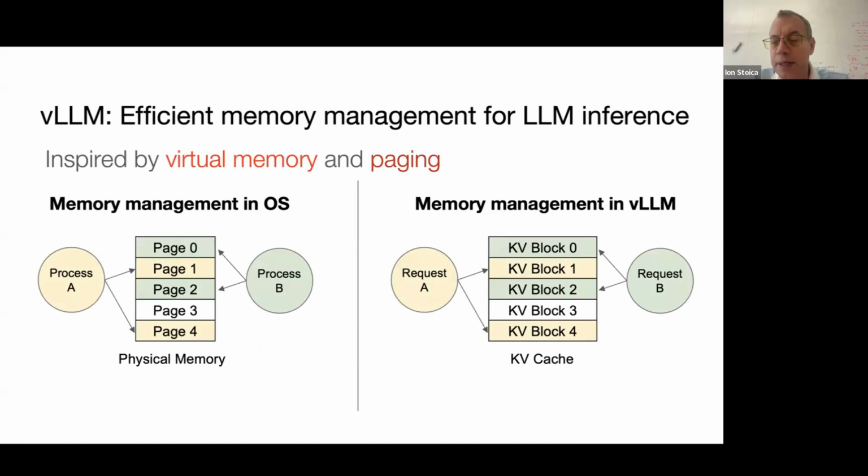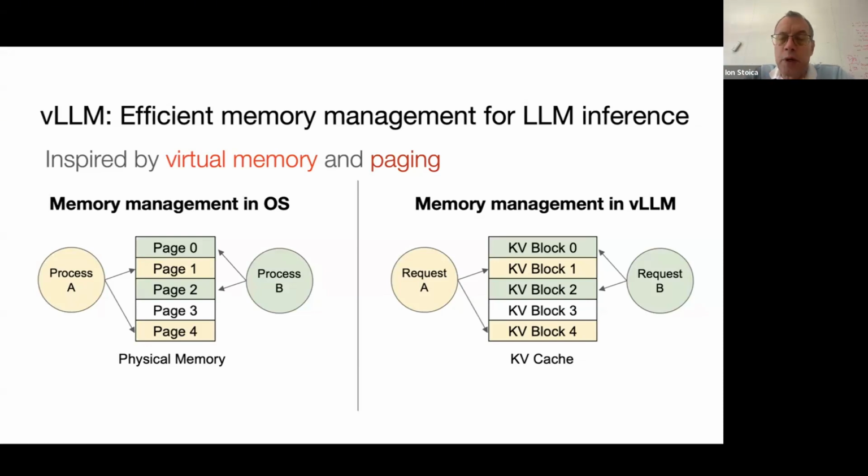How do you solve this problem in operating systems? Simply, you allocate only fixed amounts of memory, pages, of fixed size. This reduces external fragmentation, actually makes it zero, because every unit of allocation is the same size.